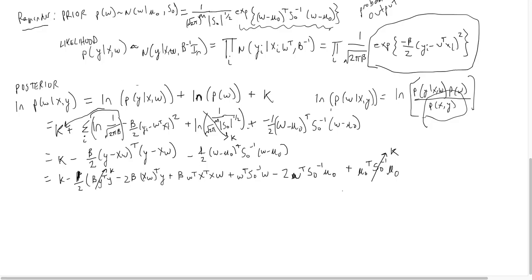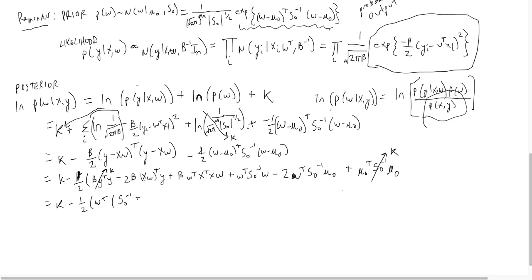So finally we can rewrite the log of the posterior as k minus 1/2 w transpose. And now I'm going to write something, and I'll justify it in a moment.